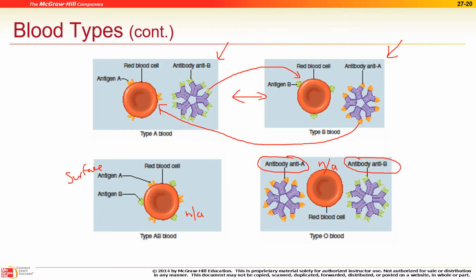So you have the universal recipient and the universal donor. O blood is the universal donor because there's no surface antigen for plasma antibodies to detect and cause agglutination. AB blood is the universal recipient. Since there's no plasma antibodies, there's no possibility of blood agglutination.